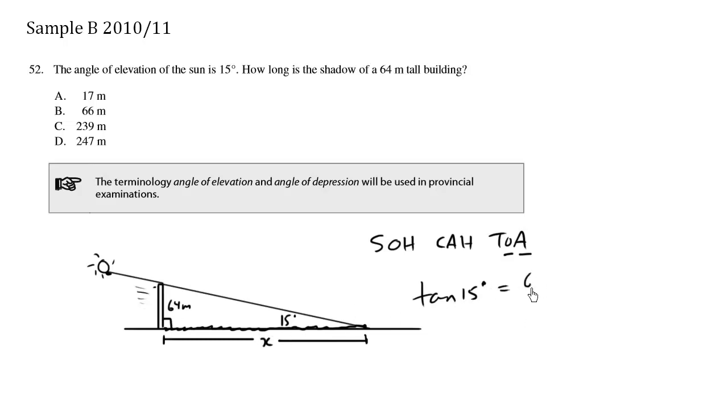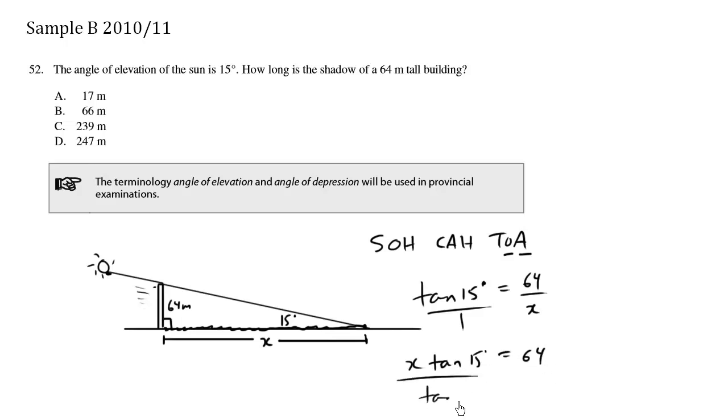Opposite is 64, over adjacent is x. So we can use some cross multiplication here. We have x over 1, so x times tan 15 is x tan 15 equals 64.